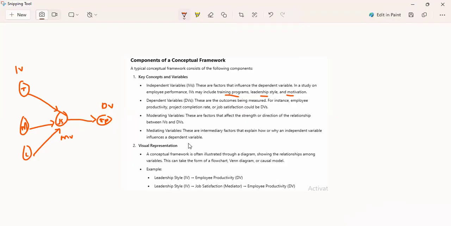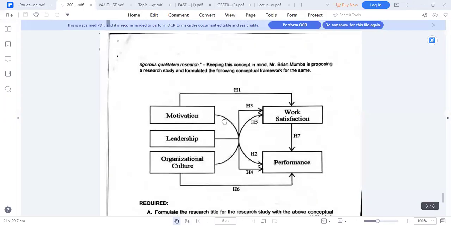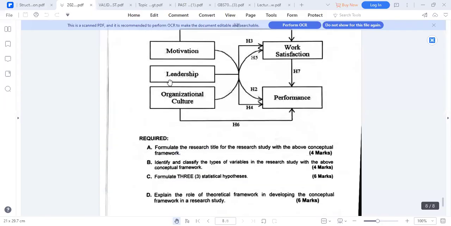Okay. Having talked about that, we can just quickly go to an exam scenario where we're given a conceptual framework here. So you can see that conceptual framework.